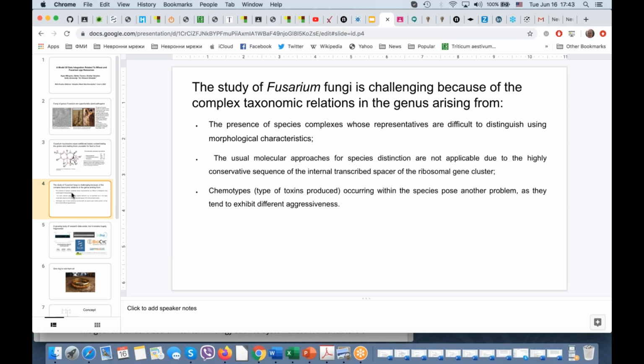The presence of species complexes whose representatives are difficult to distinguish using morphological characteristics and the usual molecular approaches, and definitely the last thing is more interesting, to define the chemotypes, or the type of toxins produced, which occurs within the species, or another problem, as they exhibit an additional, very sharp aggressiveness.